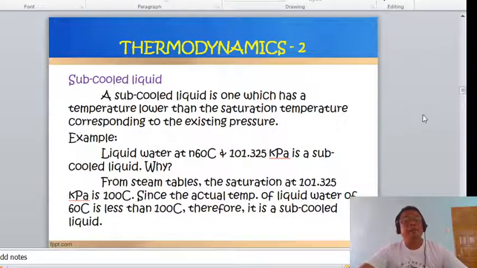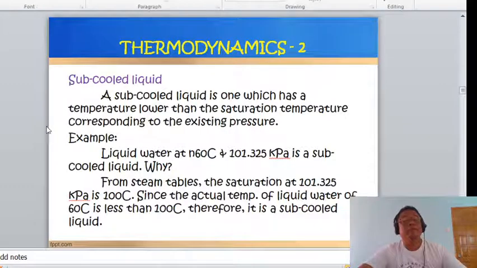Another is subcold liquid. A subcold liquid is one which has a temperature lower than the saturation temperature corresponding to the existing pressure. Okay, example, liquid water at 60 degrees and 101 kilopascal is a subcold liquid.